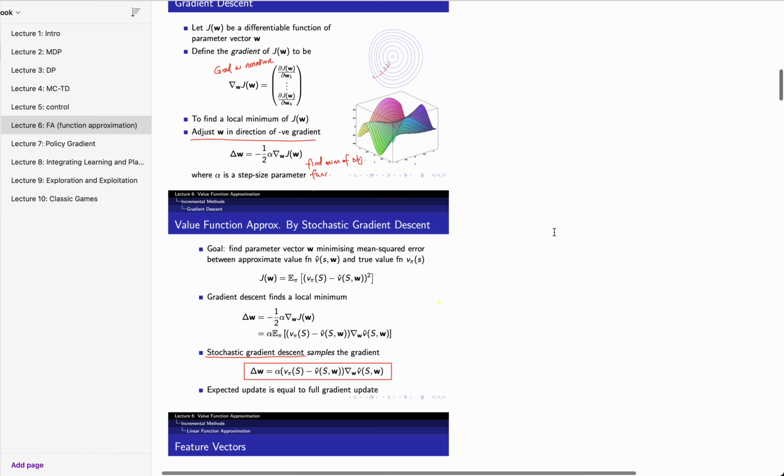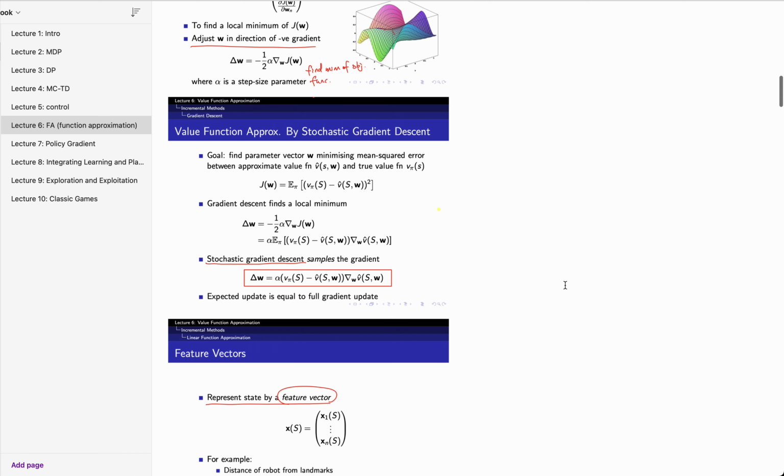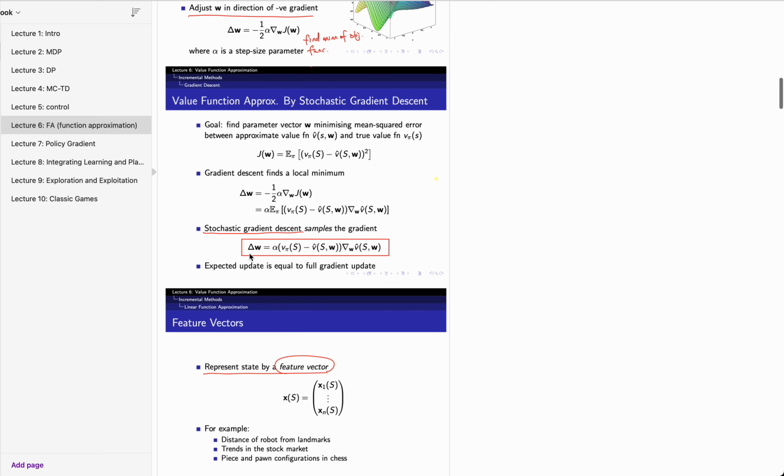Here is another slide to explain how we use stochastic gradient descent to sample the gradient and update the weights. So delta W equals the learning rate times the difference between V pi of s and the parameterized V hat of s, times the gradient of V hat.